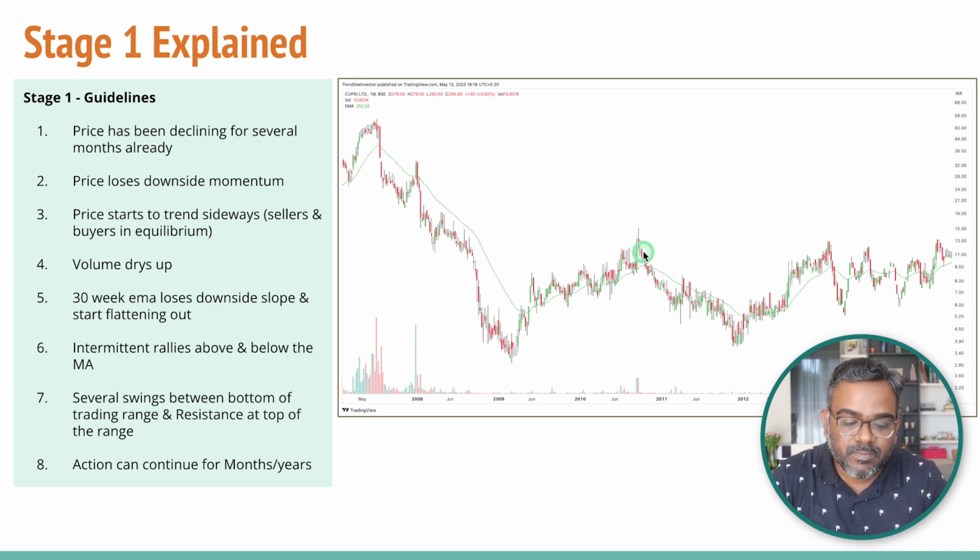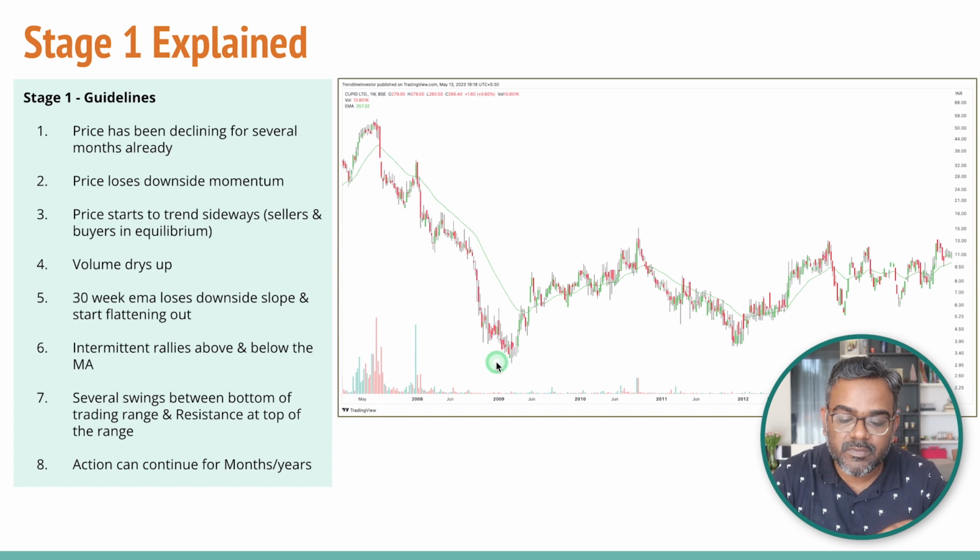Okay, anyways, the next point is, there will be several swings above and below the moving average. But what you need to make a note of here are the significant highs and the significant lows. One of the significant highs for me is here, here, and here, right? So if you just plot these points, you'll have a nice horizontal resistance around this point.